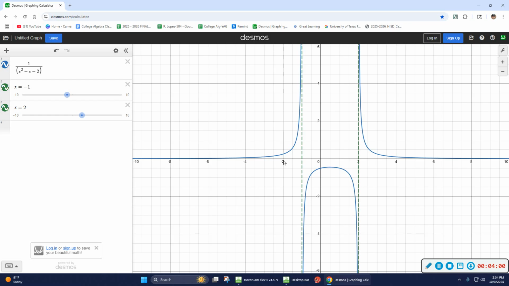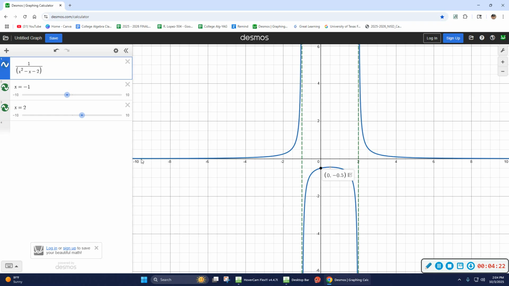I can plug in negative 2 and I can get this point. I can plug in 0 and I can get this point. I can plug in 4. I can plug in 6. I can plug in any number I want from negative infinity to positive infinity, except these two numbers, negative 1 and 2. So how do I express that?